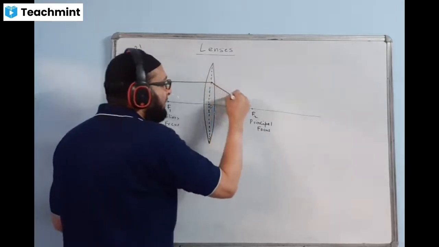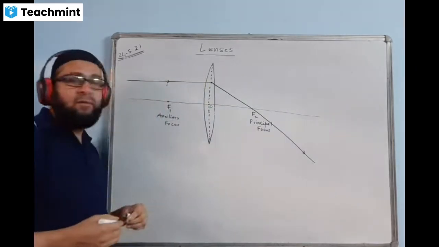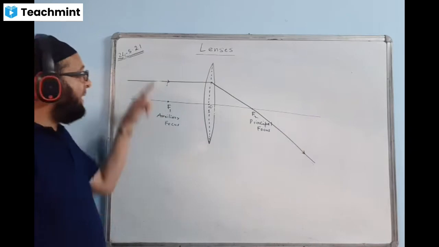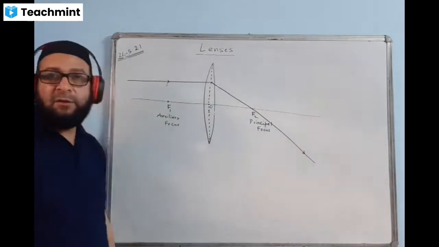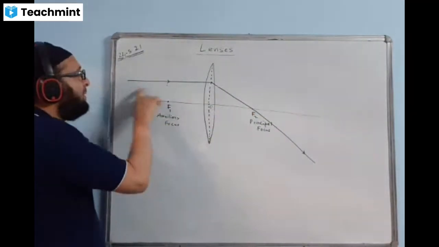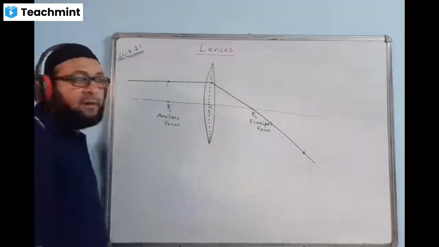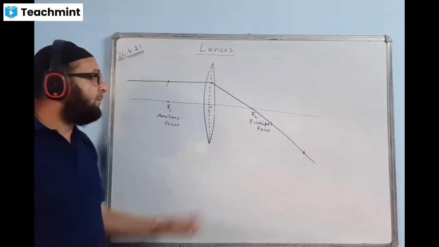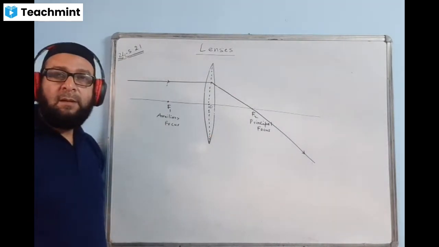This ray will pass through the F2 point like this. This is the property of F2 of a convex lens. Same way, if the ray comes like this, parallel, it will pass through F. All the rays parallel to the principal axis always pass through the F2 point of a convex lens.